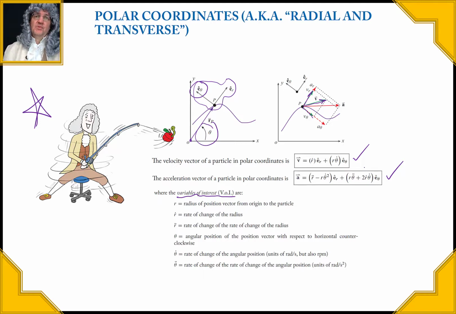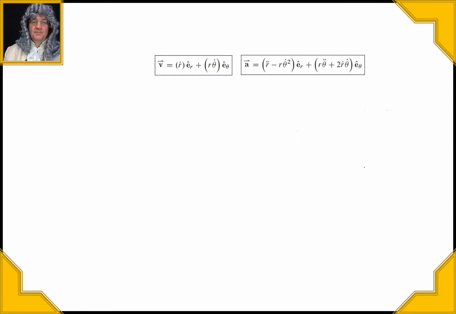Maybe in the problem you were given all of these, or maybe you were given some and then some other information and you'd have to find these, right? But by concentrating on these as the important thing to look for, you'll be able to organize your problem better.